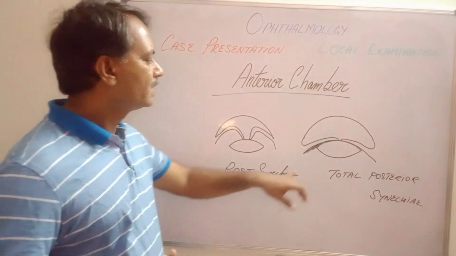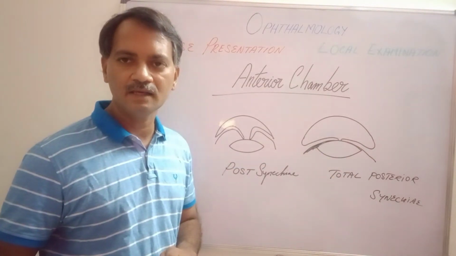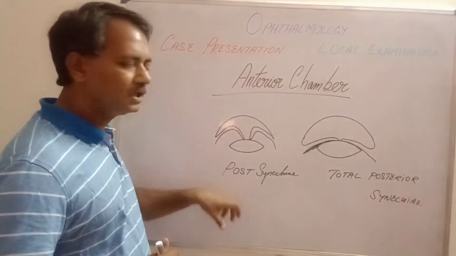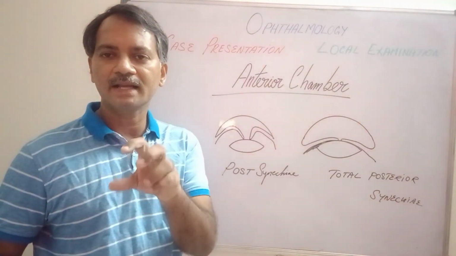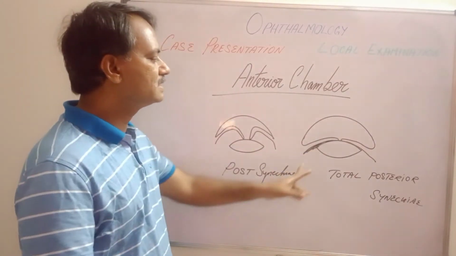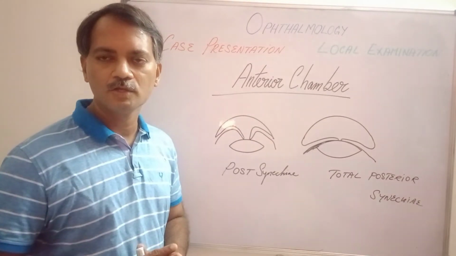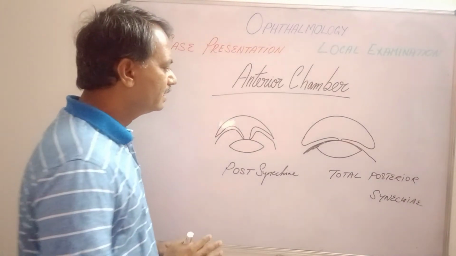Next is total posterior synechiae. What is this total posterior synechiae? In the previous picture we said only the pupillary margin is attached to the anterior capsule. But here the entire iris itself is attached to the anterior capsule of the lens. So what will happen here?